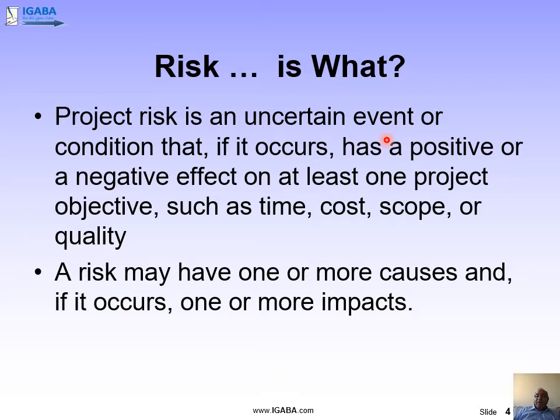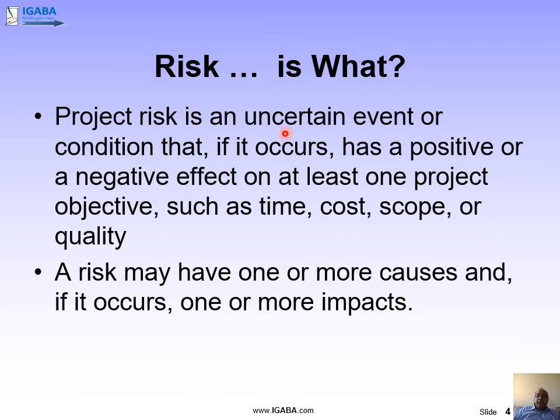Now, if you regard, for example, that rain tomorrow as a positive event, as something that will help you, then the talk is about an opportunity. Now, if rain tomorrow is something that is bad for your project, something that will have an adverse effect on your project time or schedule, on your project cost, then you will be talking about a threat.